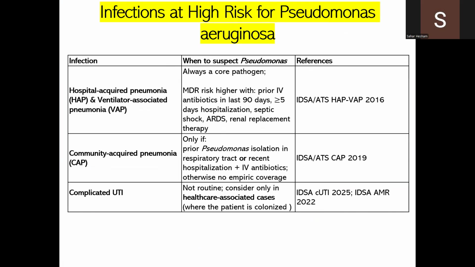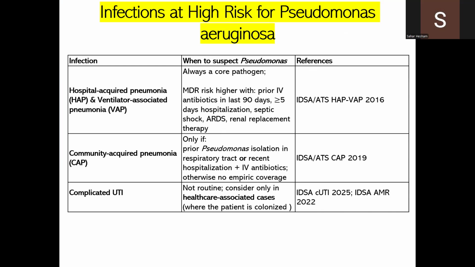We suspect Pseudomonas in those with hospital-acquired infections like hospital-acquired pneumonia or ventilator-associated pneumonia. Take care, because Pseudomonas here is a core pathogen. So when we are recommending an empirical therapy for those infections, we usually keep Pseudomonas in front of our eyes, and we usually use an anti-pseudomonal beta-lactam to treat these infections.